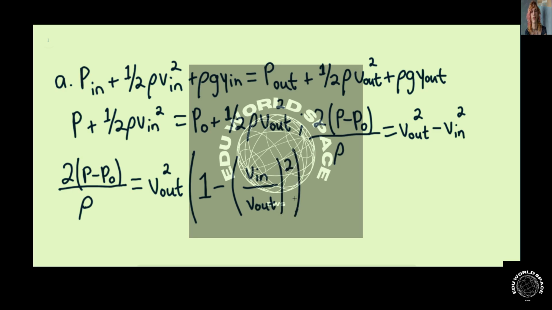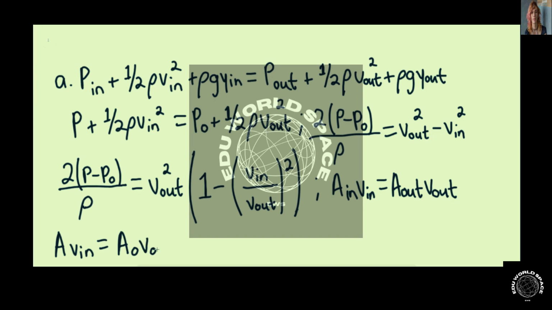After this step, we apply the equation of continuity, where A in V in equals A out V out, because we want to substitute. And so we can say that the area A times V in would be equal to the area A naught times V out. And we can say that V sub in over V out equals A naught over A. This ratio is much, much less than 1.